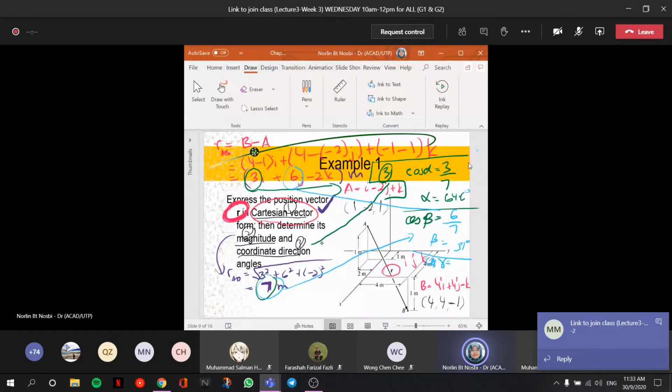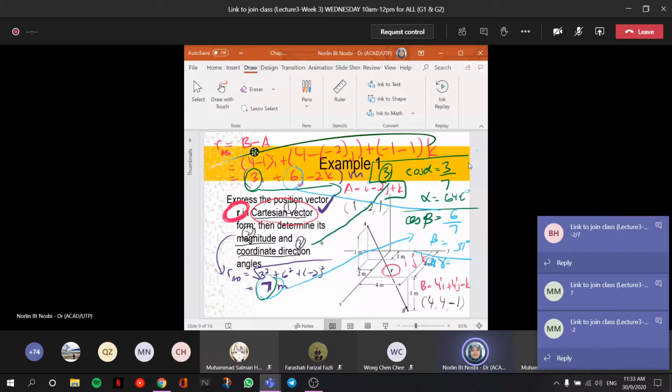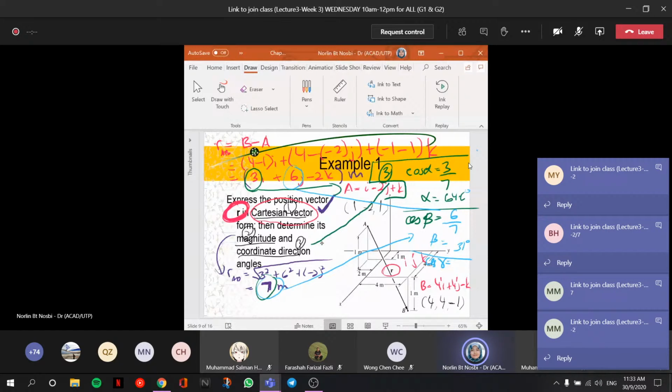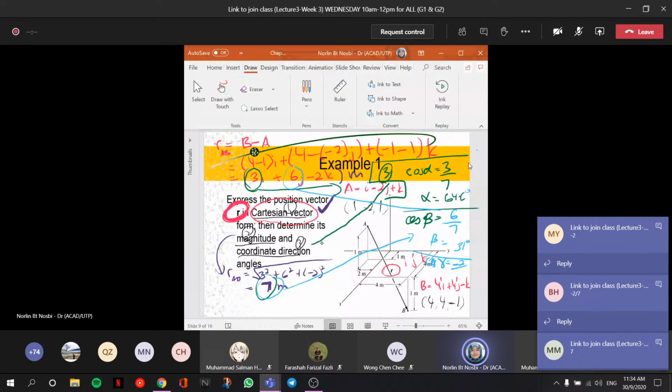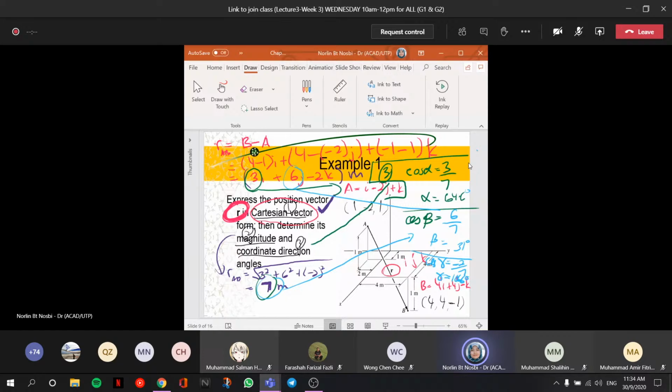Yeah, -2 over the magnitude 7. Then you will get the gamma value is 106.6 degrees. So these are the three sections that you need to find: the Cartesian vector, magnitude, and coordinate direction.